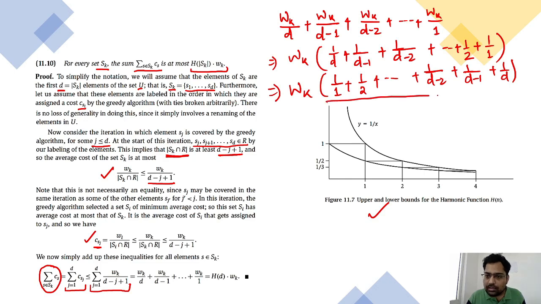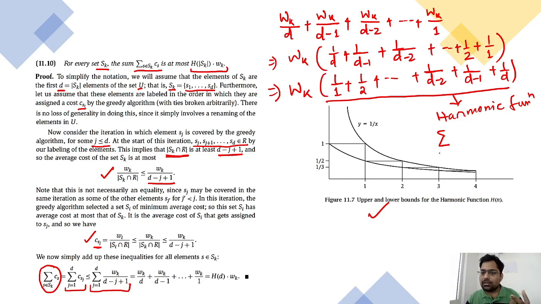So this is our harmonic function. Definitely we must say w of k, if you are writing the harmonic function, it will belong to the sum starting with I equal to 1 up to d of 1 by I, and this is h of d.